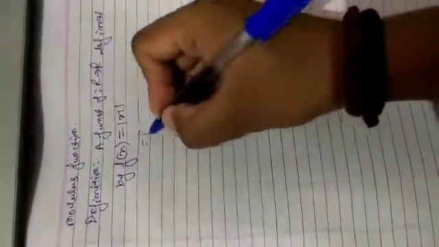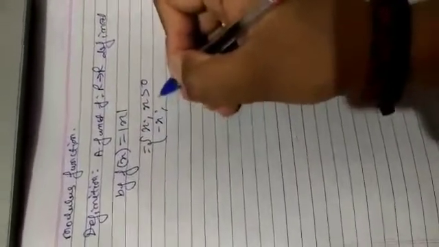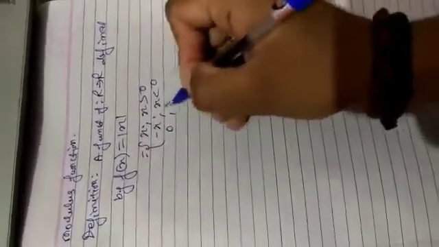Okay, now we will divide this into three cases. First one is x greater than 0, then for minus x we take x less than 0, and 0 we take as x equal to 0. So we have divided this into three parts.